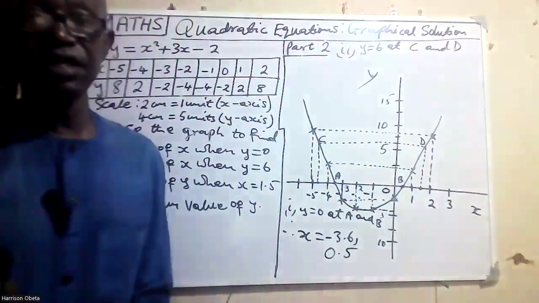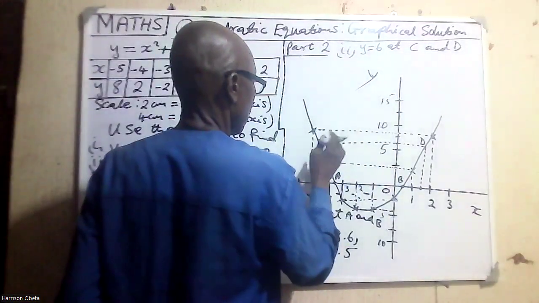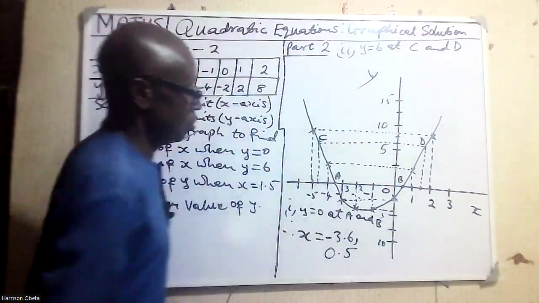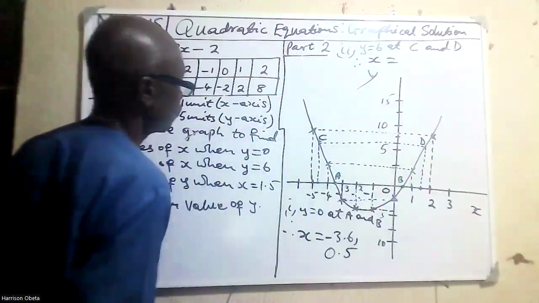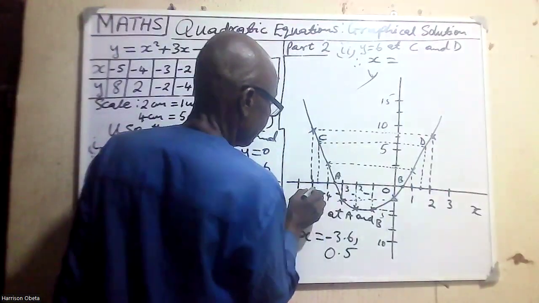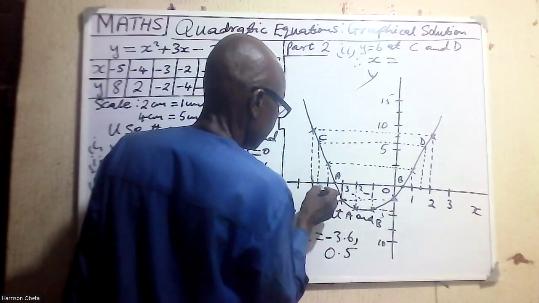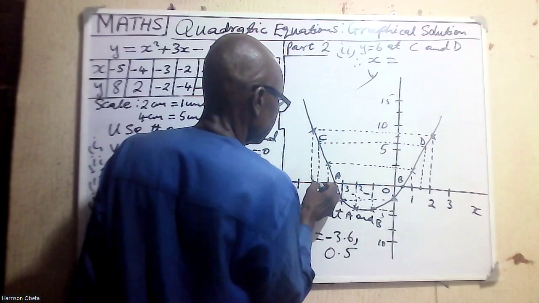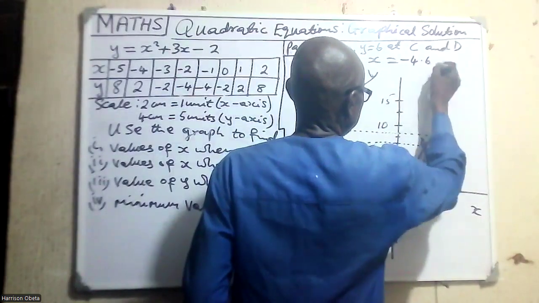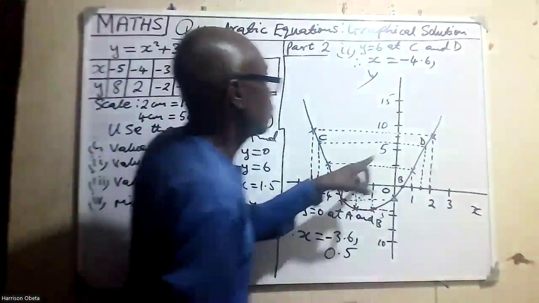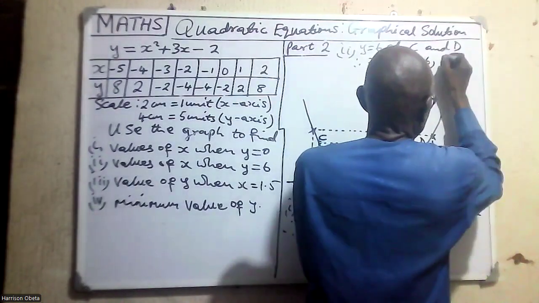So that somebody who is marking either your question paper or your graph book, we know what you are talking about. So we now have x equal to, you check the value here, and from what we are seeing here is about minus 4 point, maybe 4.6 for instance, minus 4.6, comma, and then you come back to D, 1.5.